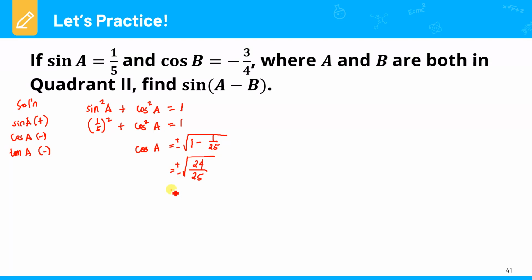Now the 24 can be expressed as 4 times 6, so the 4 can be extracted. The square root of 4 is 2, so you have 2 square root of 6 all over the square root of 25, which is 5. Now take note that it is in the second quadrant, so our cosine is negative. So this is our cosine A.